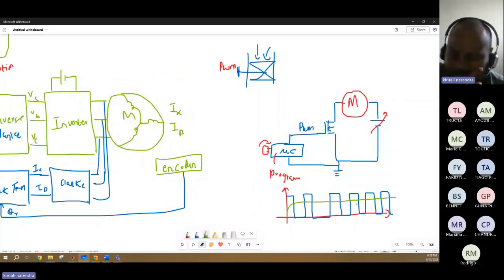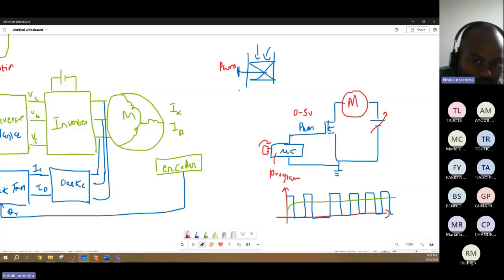Most MOSFETs operate at 0 to 5 volts. If you apply 0, this valve is closed, or you can say the switch is closed, and no current will flow. If you apply 5 volts, then this valve is open, and the complete current, 100 percent, will flow to the maximum capacity.